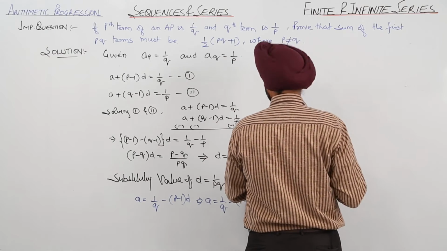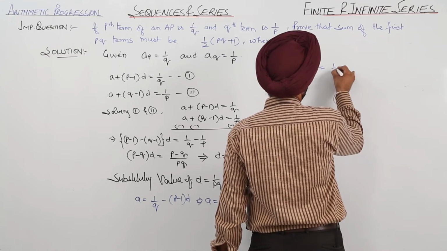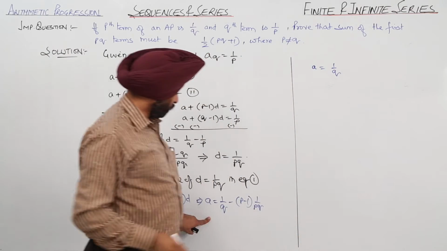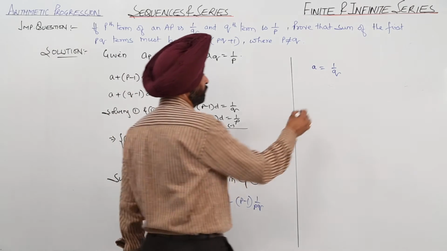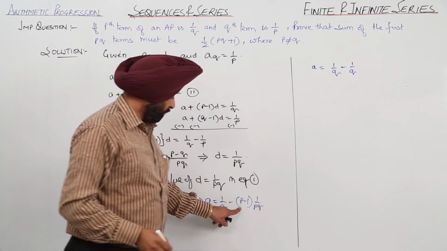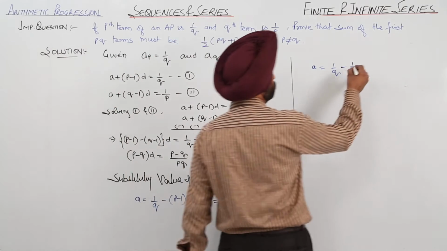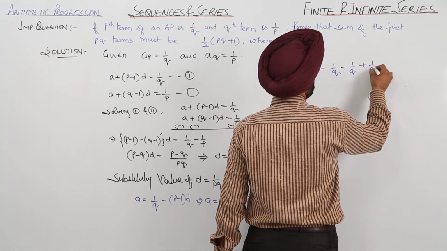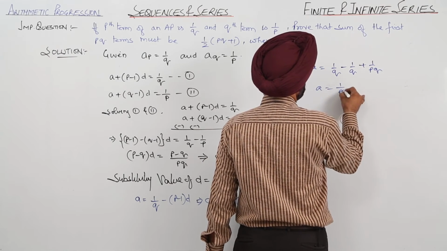We will be getting a is equal to 1 upon q, negative of p upon pq, and positive of 1 upon pq. So a is 1 upon pq.